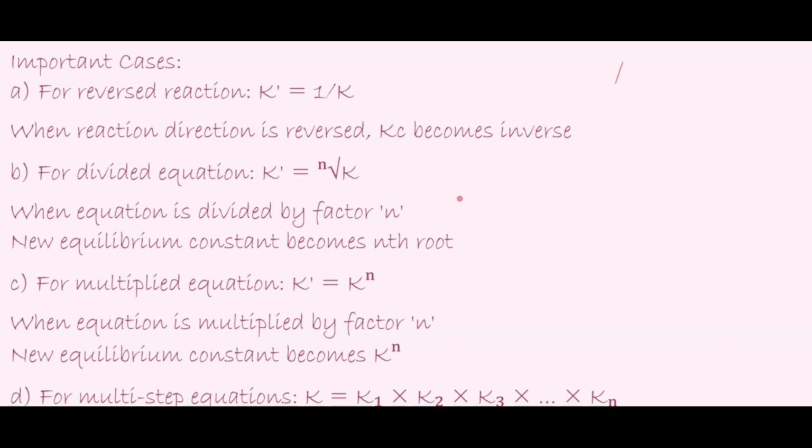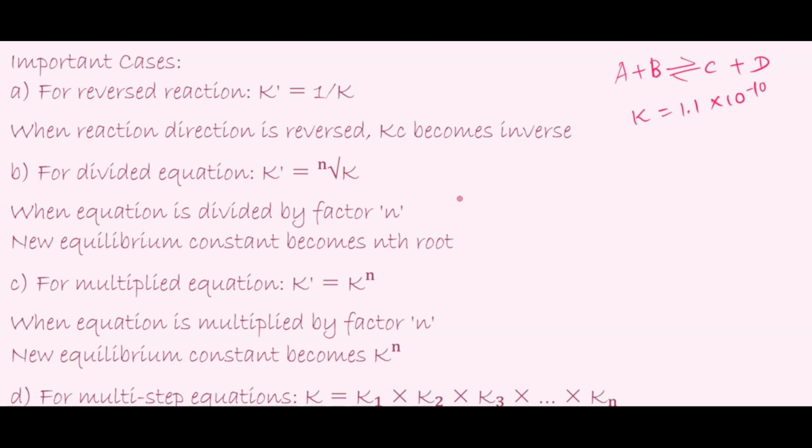Let's say I'm giving you the reaction A plus B gives C plus D. They are saying the K value is 1.1 into 10 to the power 10. So what if the reaction is going backward? Find out the K value.